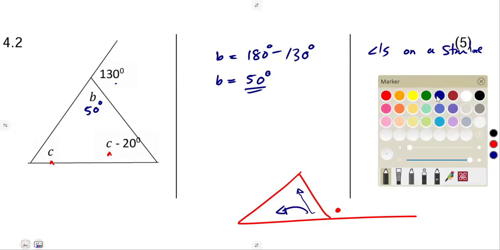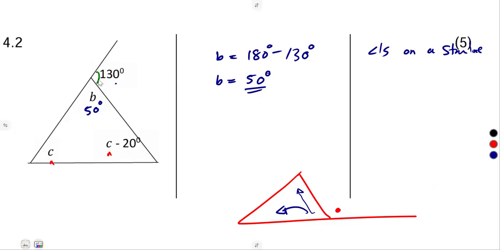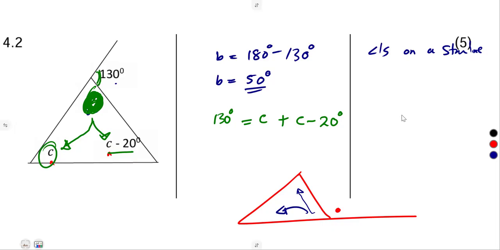So the exterior angle 130 degrees is equal to the sum of the opposite interior angles, which are C and C minus 20. That's another way that you could have solved it: exterior angle of a triangle equals the sum of the opposite interior.